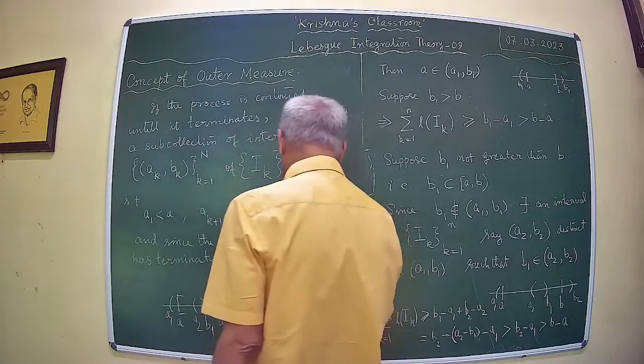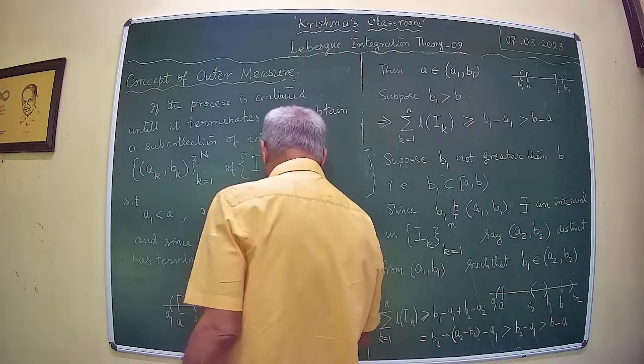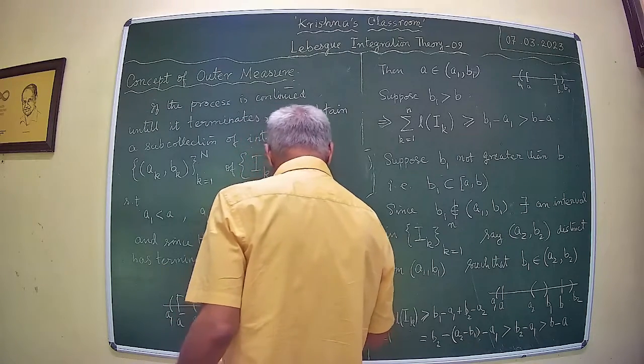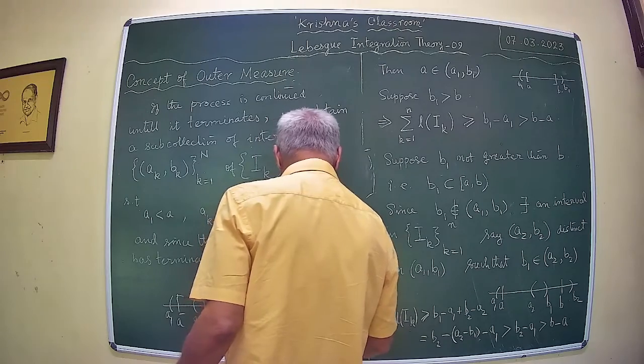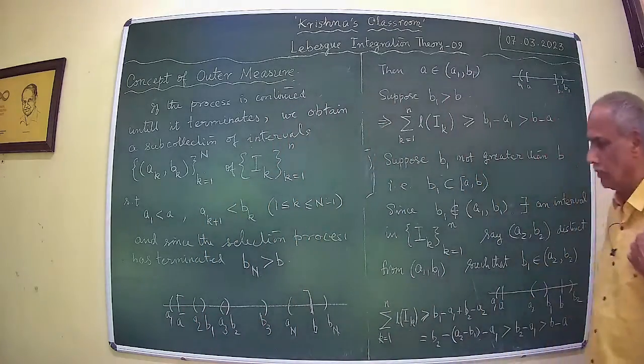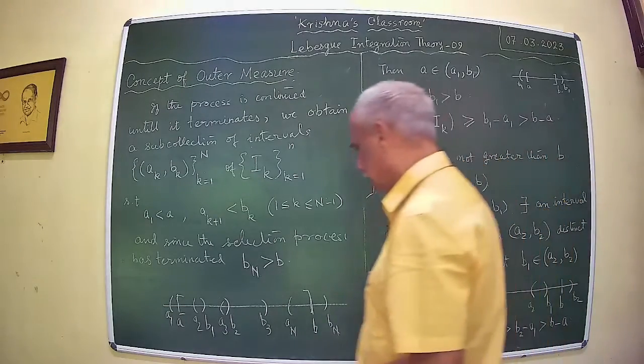So eventually you should have A_n, B_n, so that the union of these intervals should cover this whole thing. Okay.